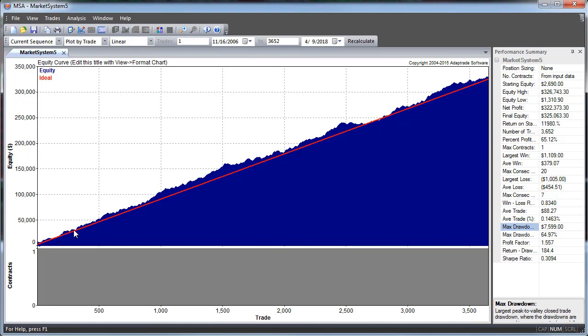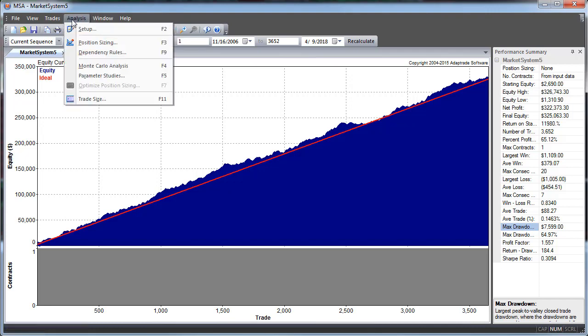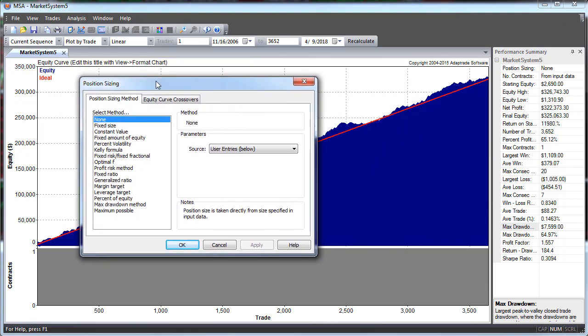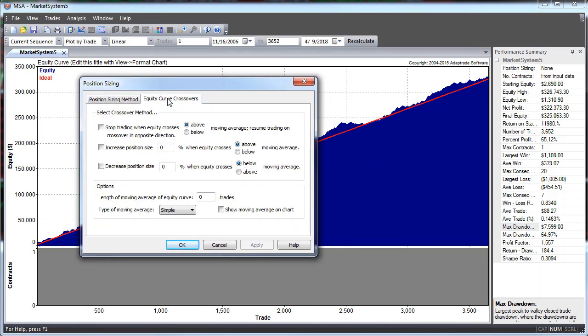One of the things that you can do in this that you can't do in other tools is do the analysis. You can do dependency rules and position sizing. So you can tell it to see equity curve crossover, stop trading when equity curve crosses over in opposite directions. Moving average, increase position size, decrease position size.